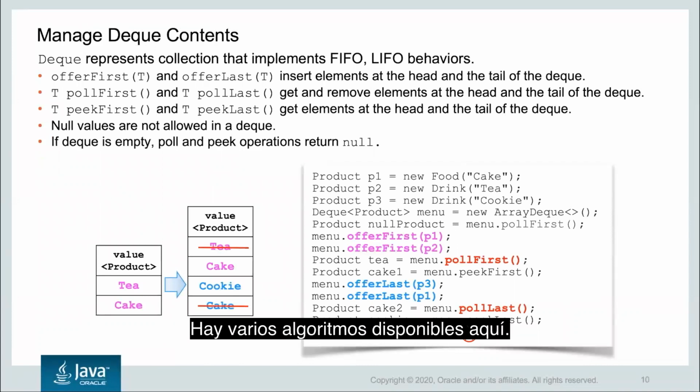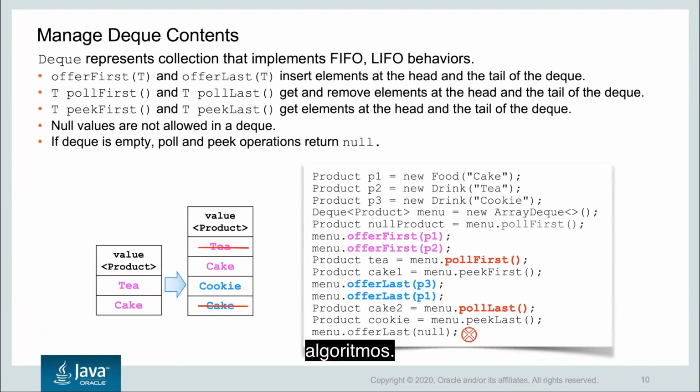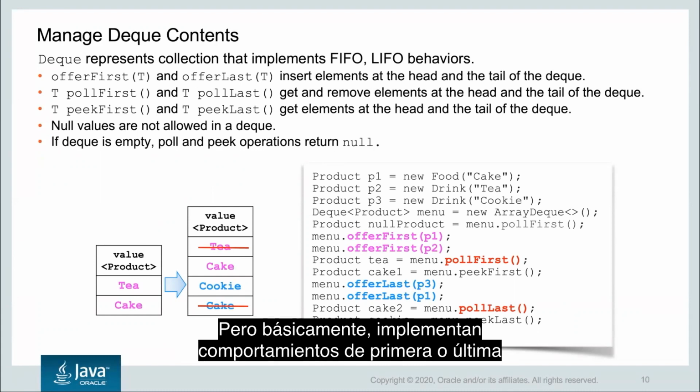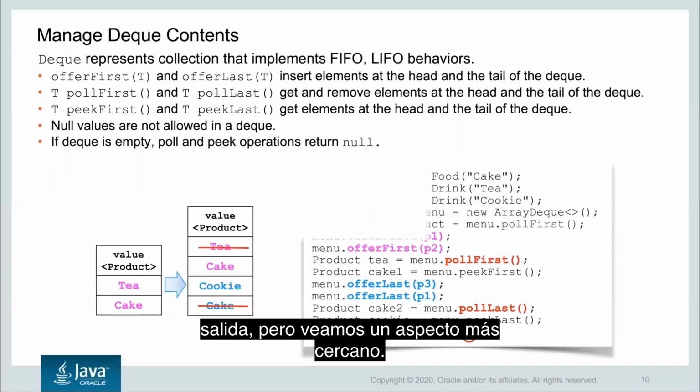So, now how do we manipulate with array decks? Okay, there's several algorithms that are available here, and again, let's zoom in and take a look at this. But basically, they implement first in, first out, or last in, first out. But let's take a look.